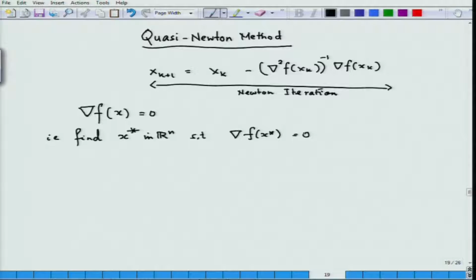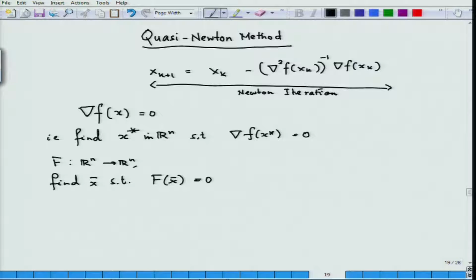A more general problem can be: take a function from Rn to Rn, and find x bar such that f of x bar maps to the 0 vector.